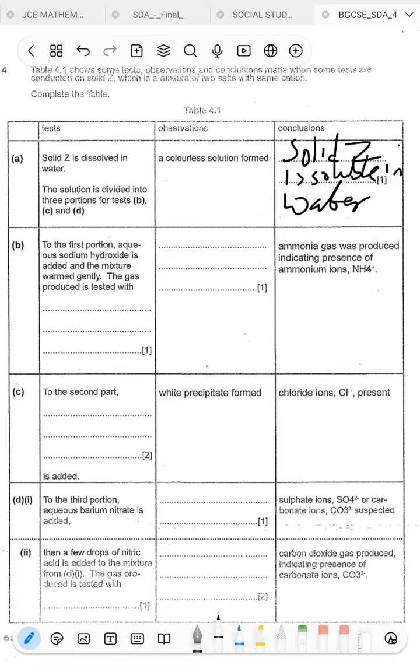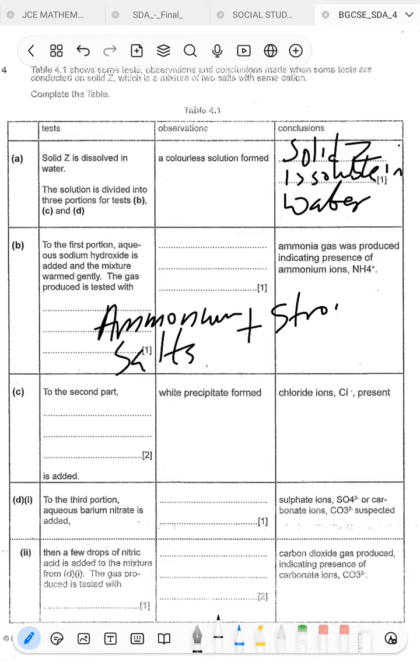The reaction between ammonium salts plus a strong base. In this case, it's going to be sodium hydroxide. So in other words, what happened here was we had NH4.